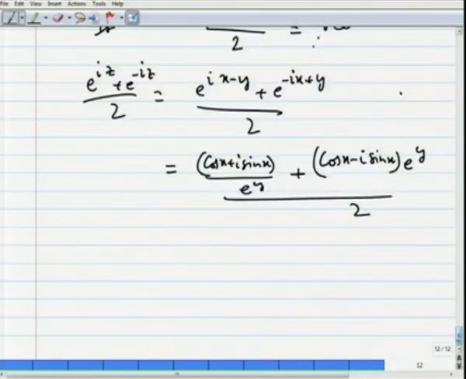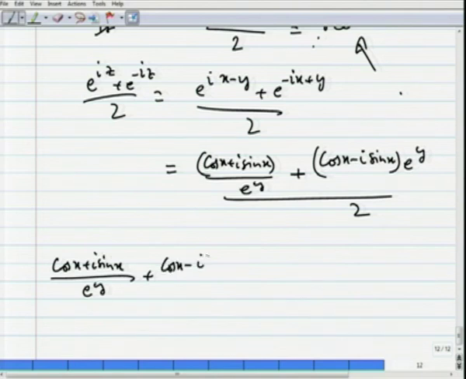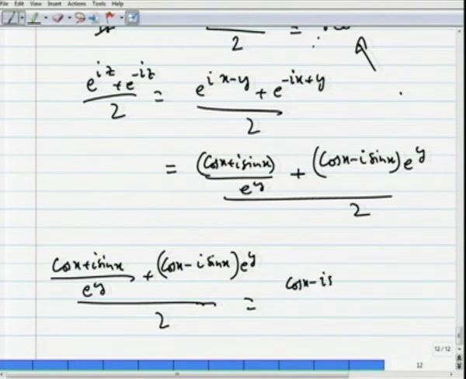So, this number should be equal to its conjugate. The conjugate of this is going to be cosine x minus i sin x divided by e power y plus cosine x plus i sin x times e power y divided by 2.